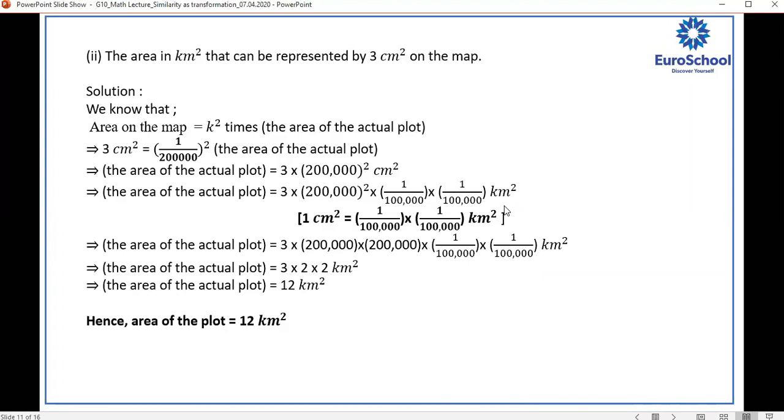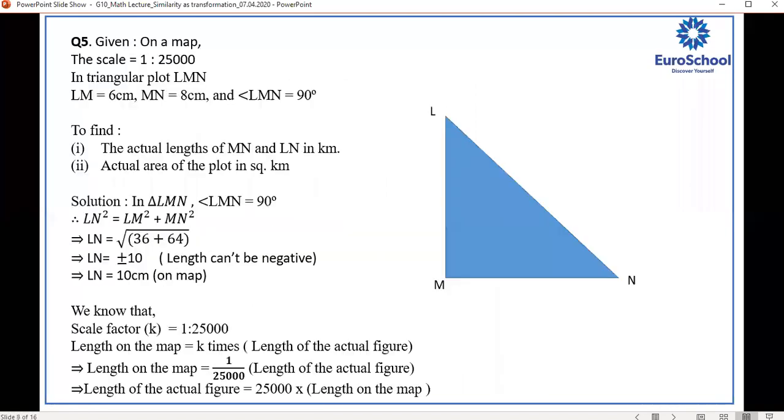No, ma'am. Rishma? Okay. I didn't understand this. Arnav Desai, right? Arnav, we did one conversion, 1 centimeter square. How to convert centimeter square into kilometer square? We did this conversion in the previous slide. Okay, just a second, I'll show you again.